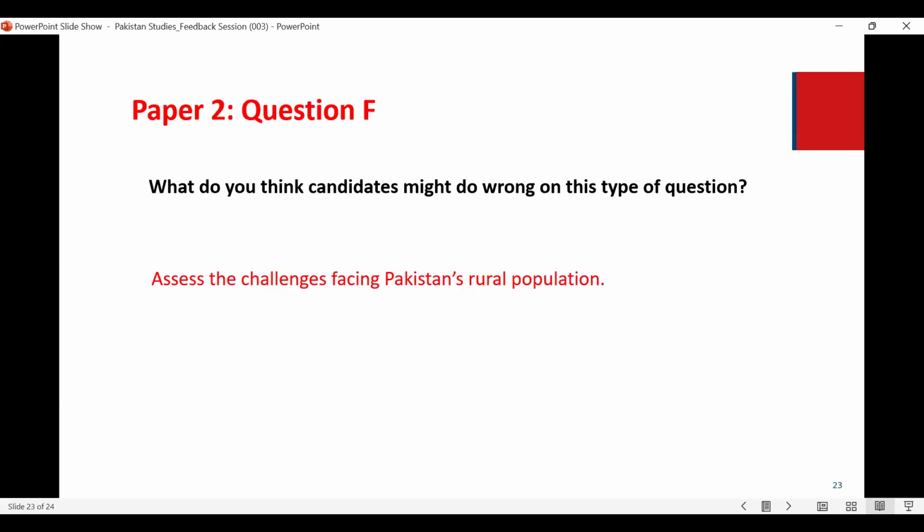So if we look at the top level for the mark scheme here, they've got to demonstrate accurate understanding of concepts. They've got to show an understanding of the interrelationship between places, environments, and processes. They've got to provide an argument that is balanced. They've got to bring in those other factors and develop that for the top level.